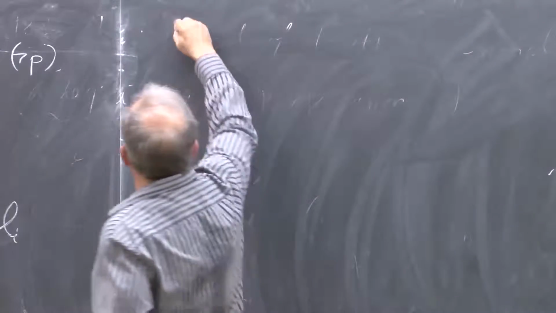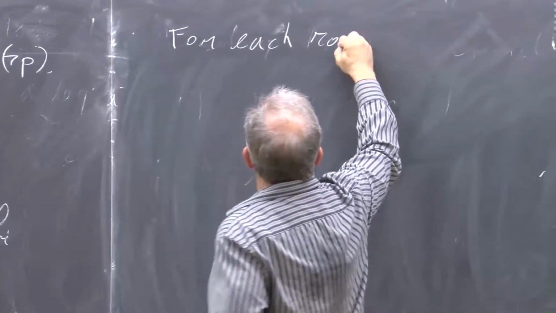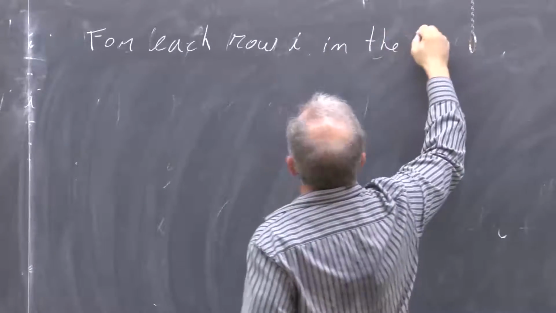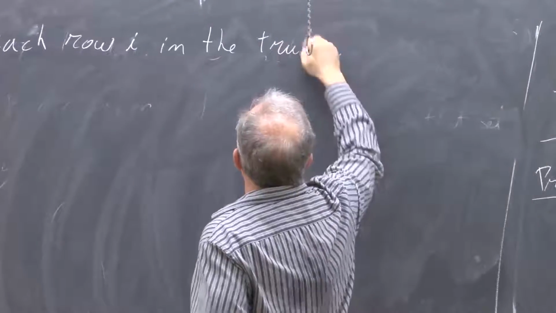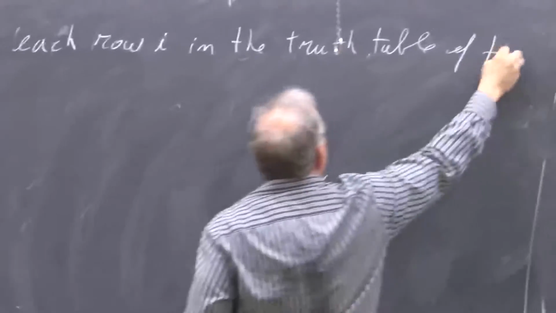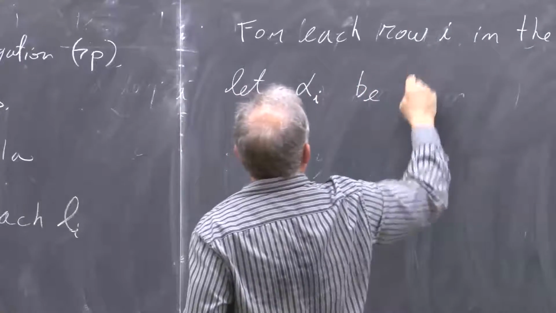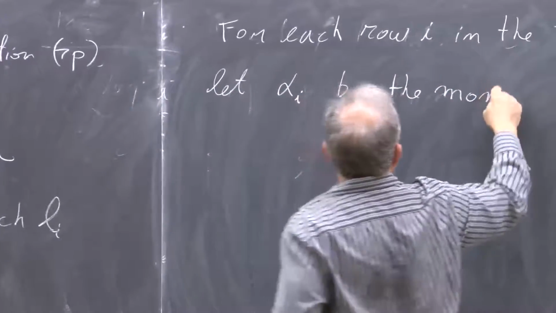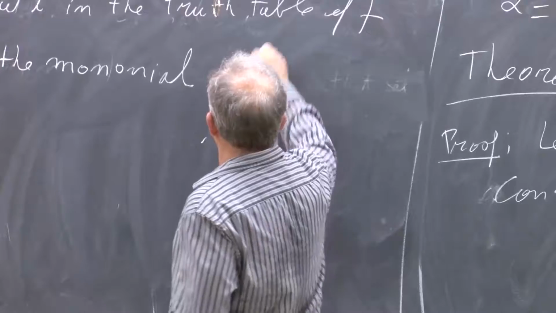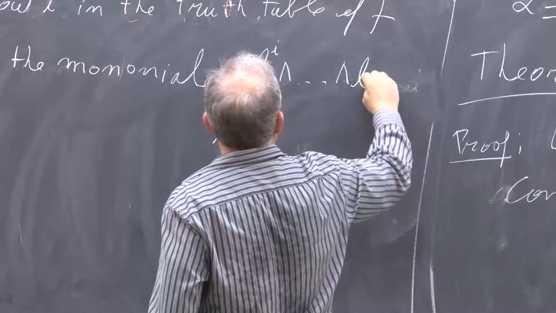So for each row i in the truth table of f, let alpha i be the monomial L1i and ... and Lni.